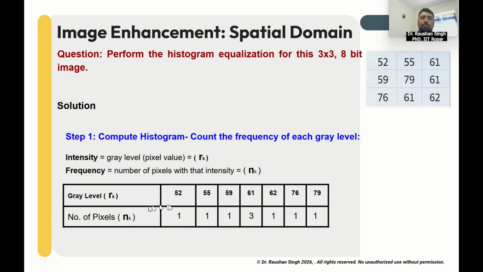You can see here 52 came one time, 55 one time, 59 one time, 61 three times, 62 one time, 76 one, and 79 one time. That table you have to create, and using this table you have to create the histogram.